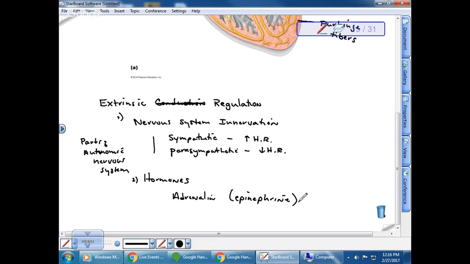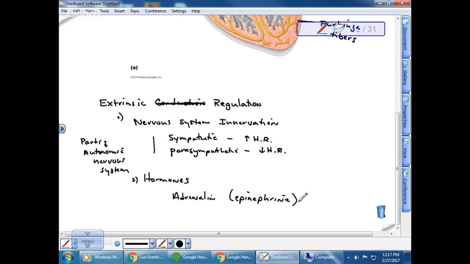So this would speed up your heart rate. So you could do experiments on turtle hearts where you can actually just douse them with more epinephrine and the heart rate will increase. But in general, it's the blood that carries the hormones to the heart, and then the hormones bind to target cells, and then they would cause the heart rate to speed up.